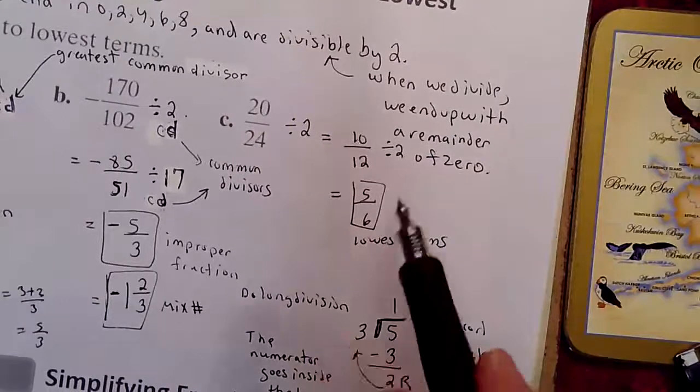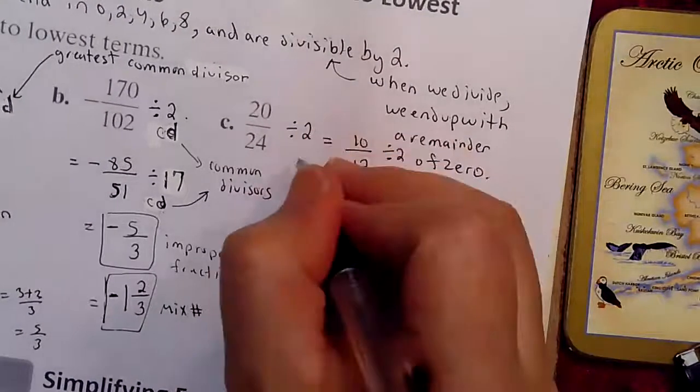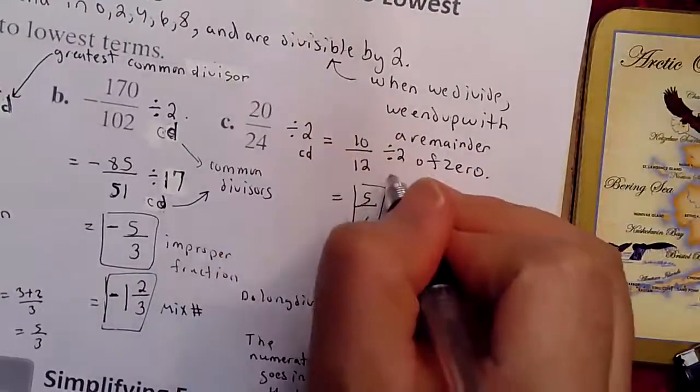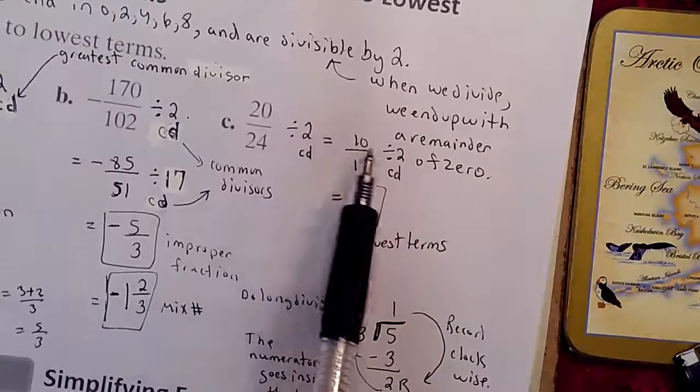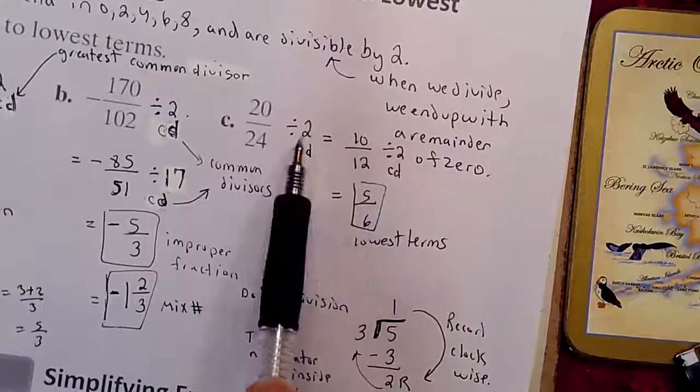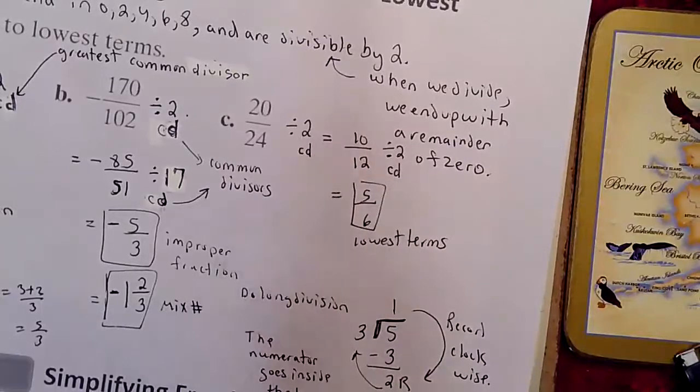So now looking back, these are common divisors. See how 2 and 2, 2 times 2 is 4. So that means that I could have reduced that by 4. Greatest common divisor would have been 4.